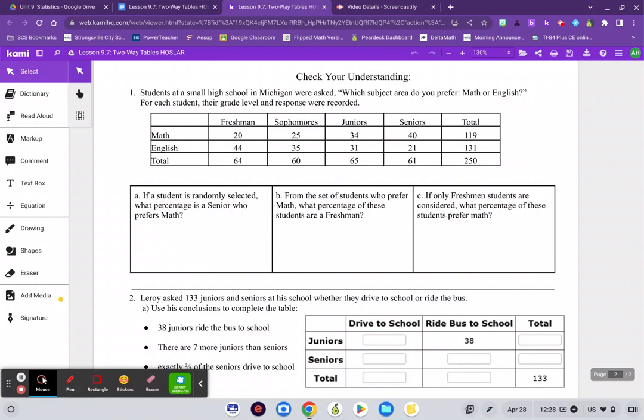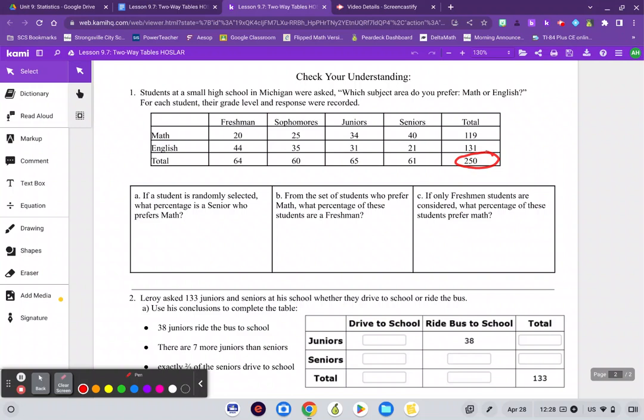Okay, so we have freshmen, sophomores, juniors, seniors, whether you like math or English. We have totals going along the bottom and along the side. And to me, it looks like a total then of 250 students in all were surveyed. Okay, so A says, if a student is randomly selected, what percentage is a senior who prefers math?